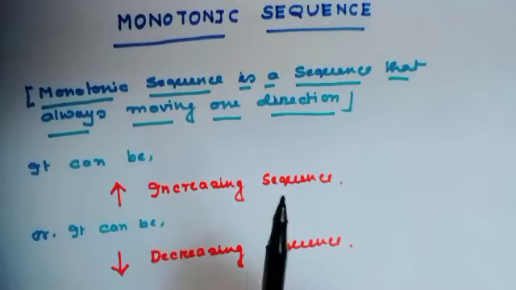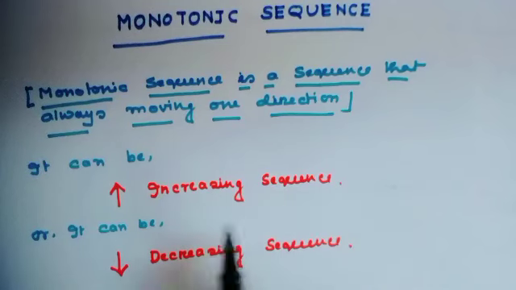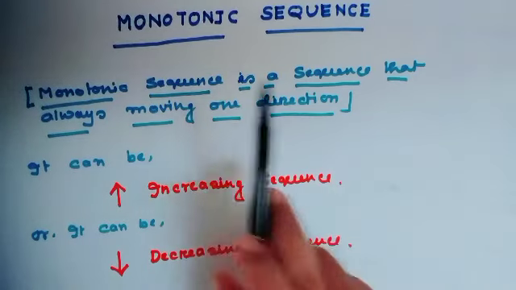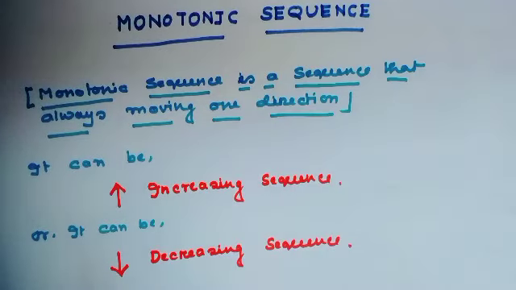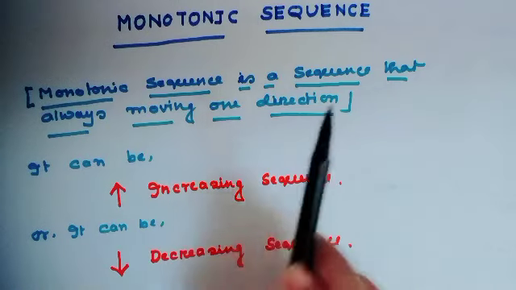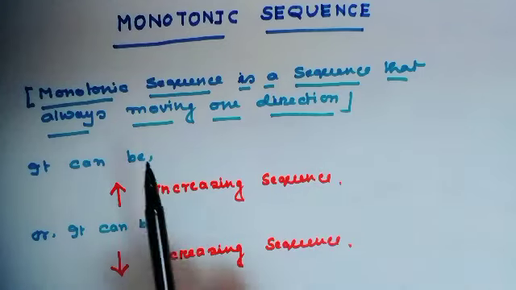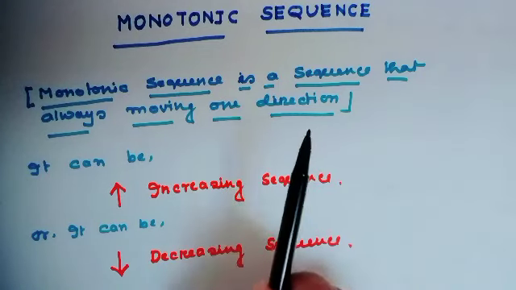Going to talk about a very elegant criterion that guarantees a sequence converges, and it has to do with monotone sequences. What is a monotone sequence? A monotonic sequence is a sequence that is always moving in one direction.